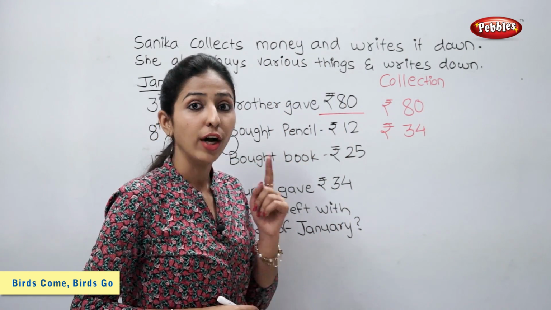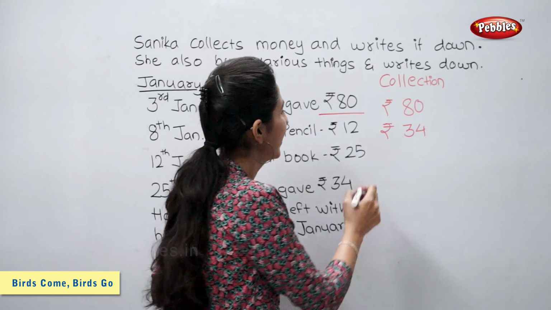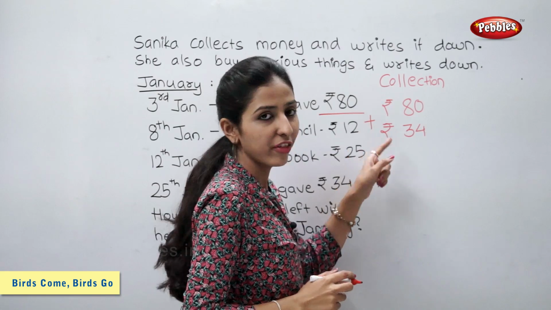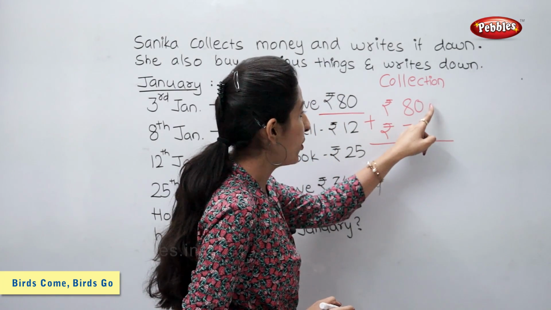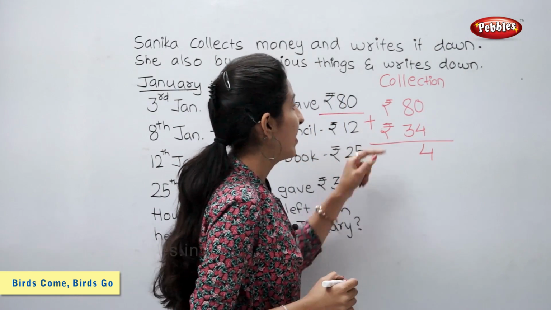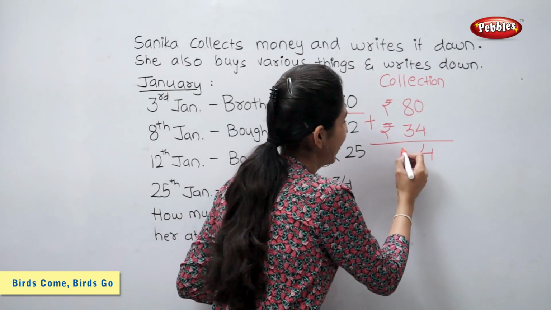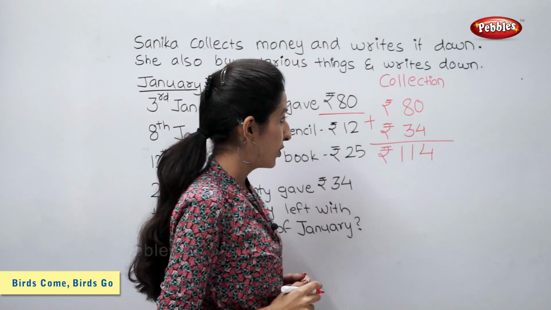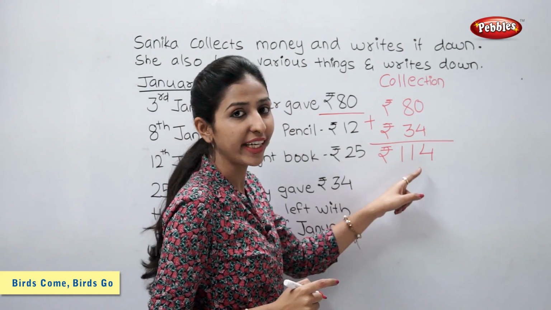We have to find the total money she collected. So, let us add 80 rupees plus 34 rupees. 0 plus 4 is 4. 8 plus 3 is equal to 11. So, in total she collected rupees 114.